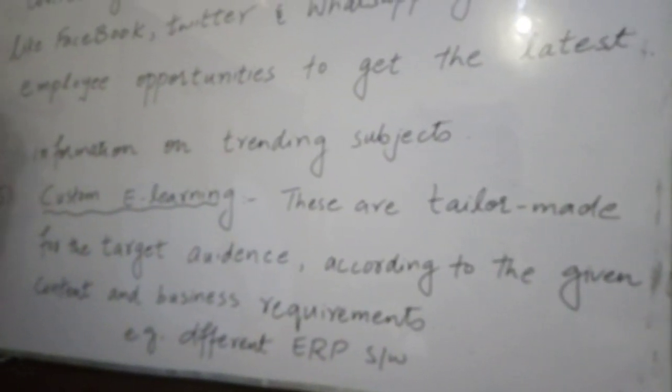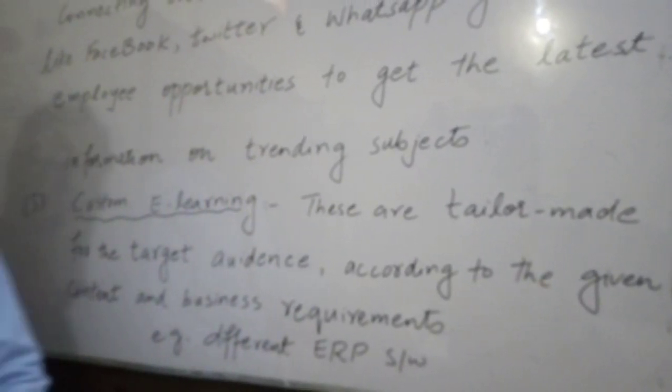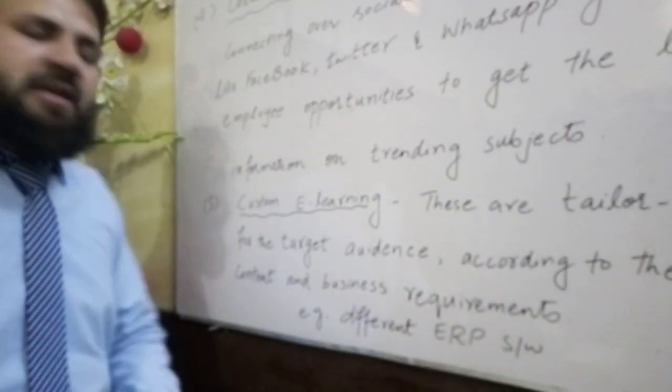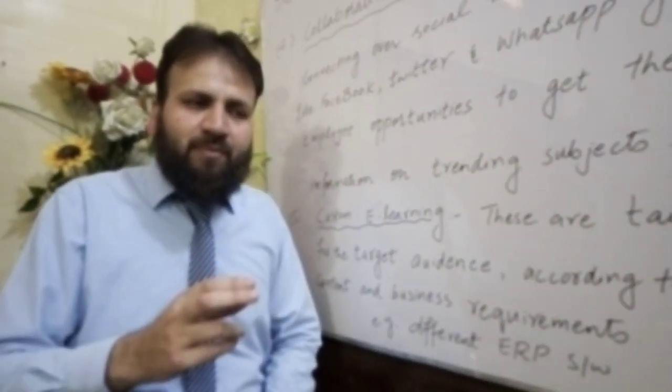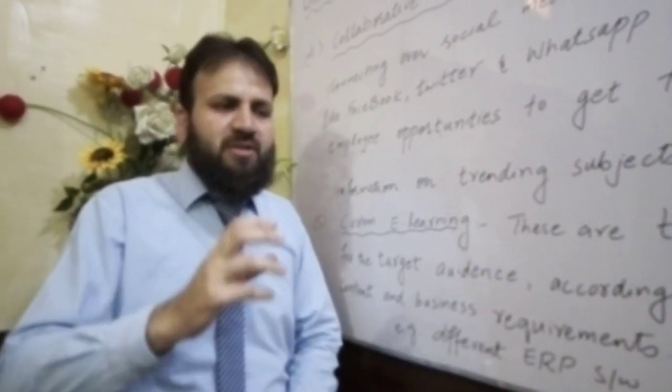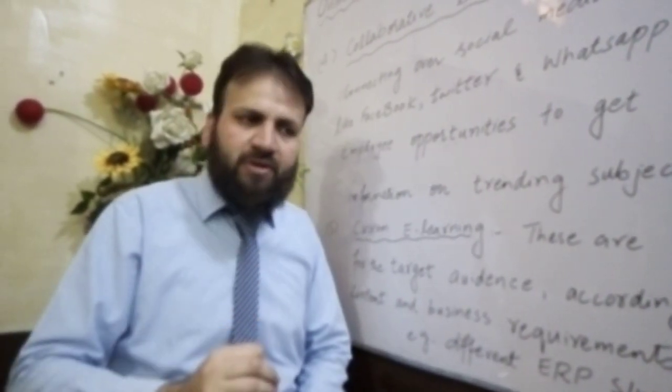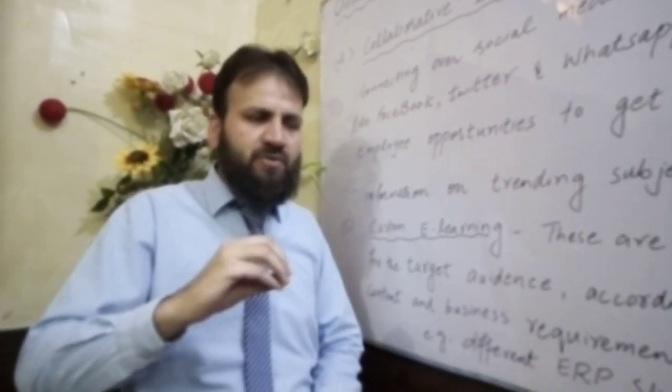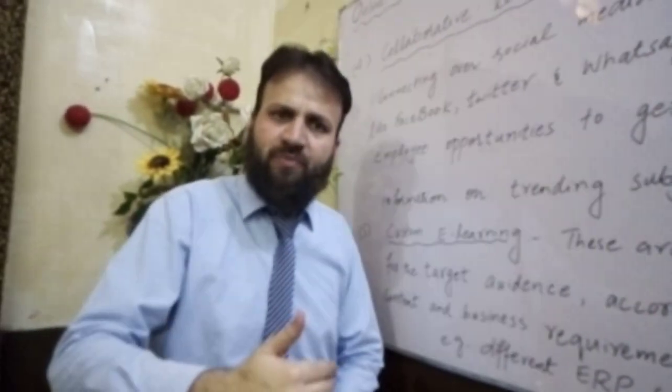Next is custom e-learning. These are tailor-made for the target audience according to the given content and business requirements. For example, different ERP software. Custom e-learning means that sometimes we need particular software, for example, for students of business, accounting, or payroll systems.